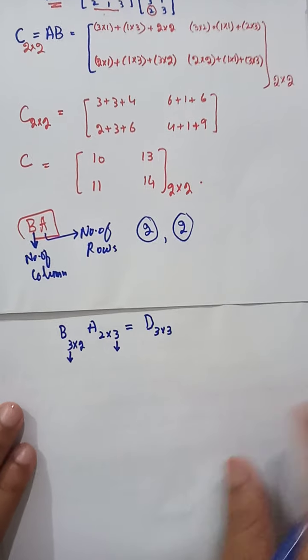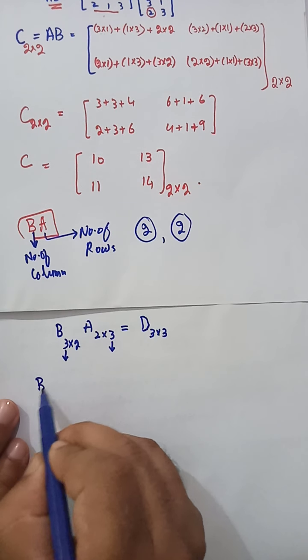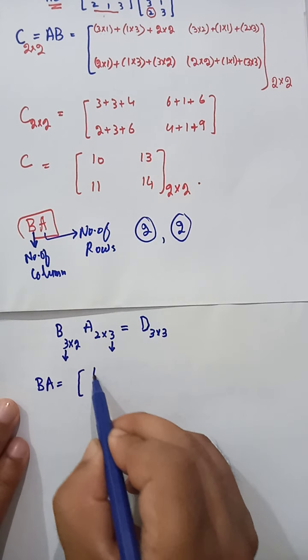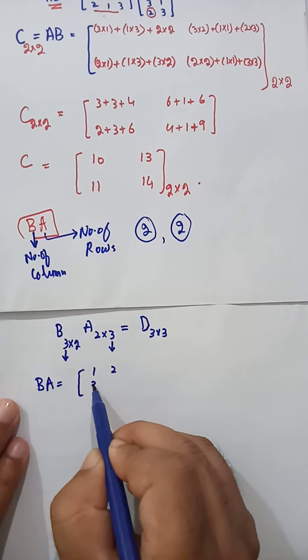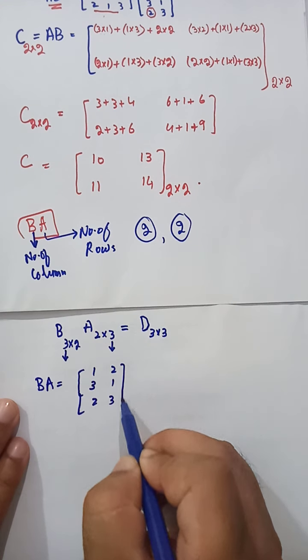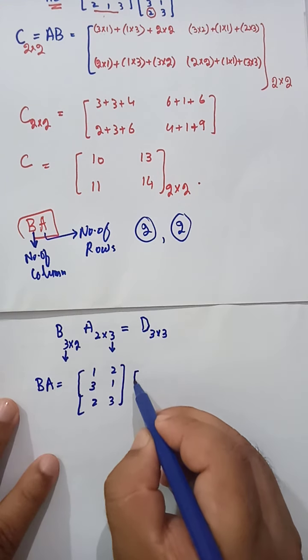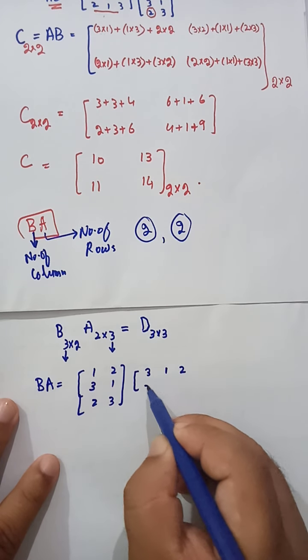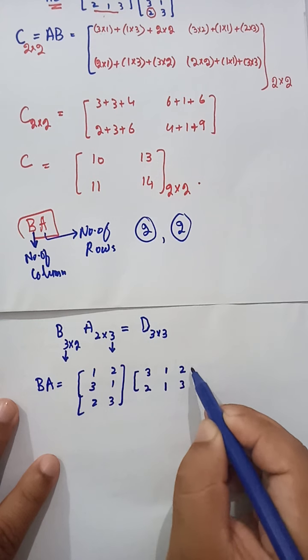So how can you perform this multiplication? BA, you will write B first, 1 2 3 1, this is 2 3, and the matrix A is 3 1 2 2 1 3.